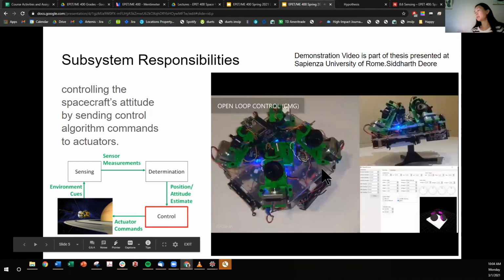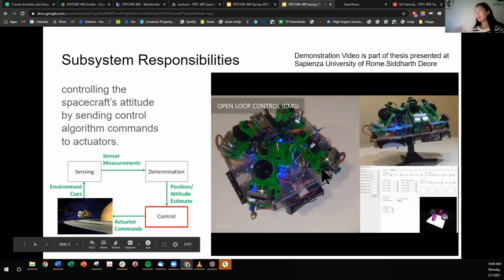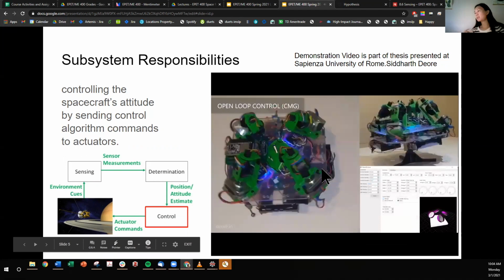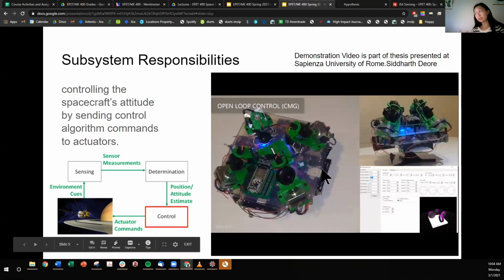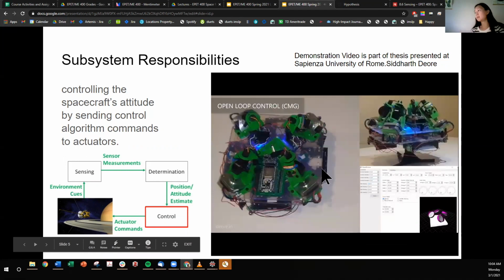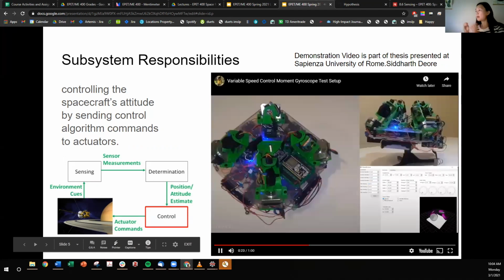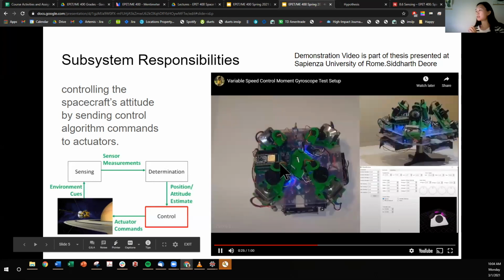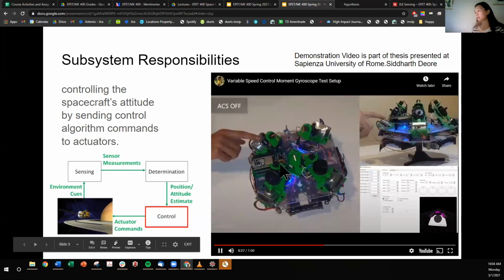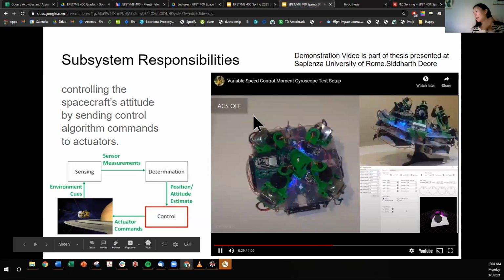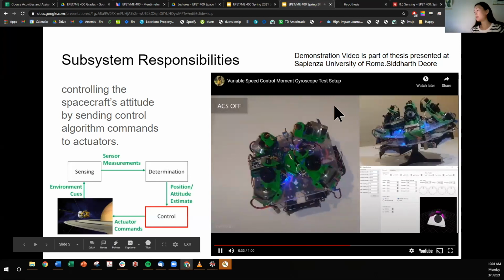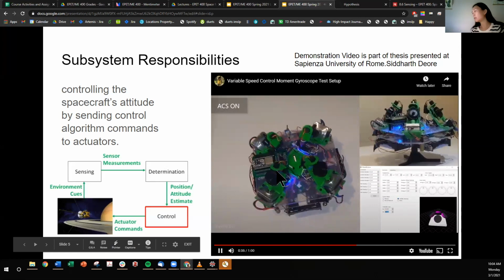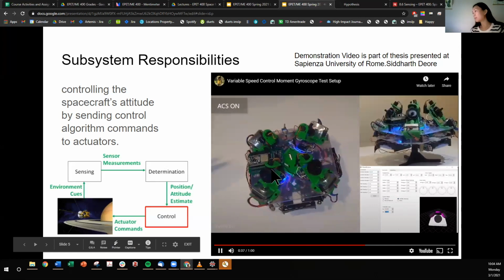Angular momentum is the way that a spacecraft is spinning or tumbling through space. And you can cleverly control the angular momentum of the system with little control moment gyroscopes embedded within the spacecraft. So imagine that this platform is the spacecraft itself, and it encapsulates these little rotors that are spinning at some high speed.